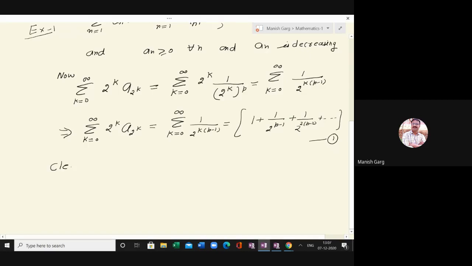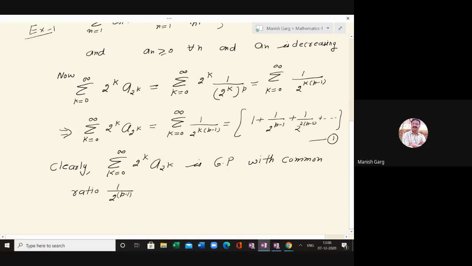Clearly, the series sum k equals 0 to infinity of 2^k a_(2^k) is a GP, geometric progression, with common ratio 1 upon 2^(p minus 1).